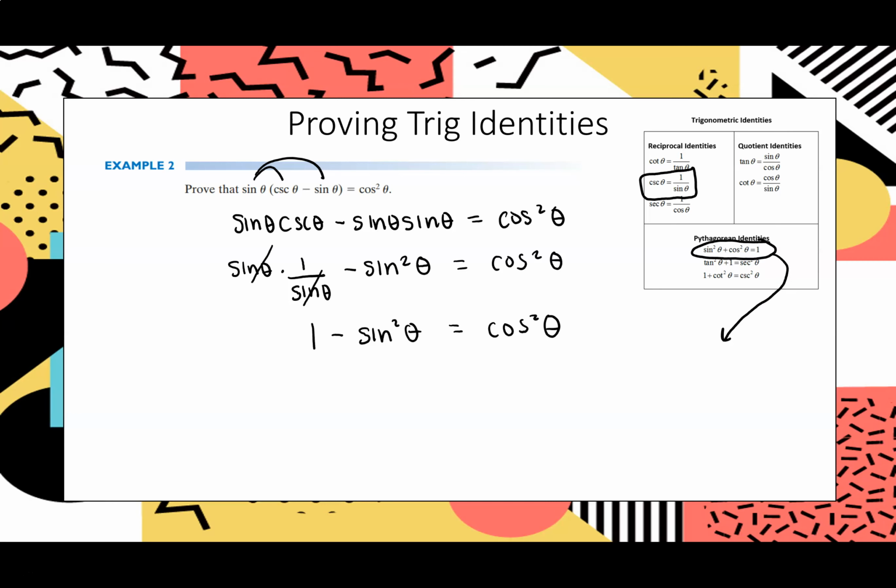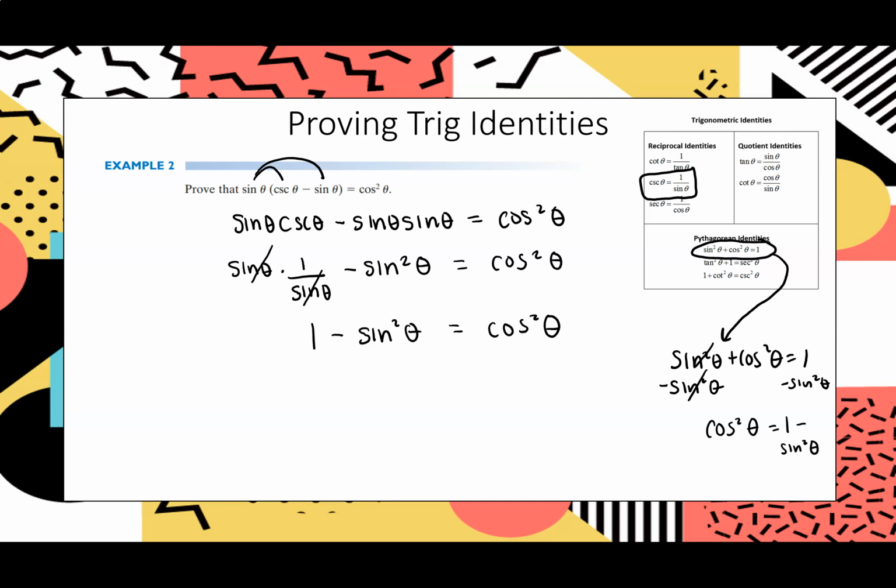So if I've got sine squared theta plus cosine squared theta equals 1, I can go ahead and subtract sine squared theta from both sides. And this disappears, and I'm left with cosine squared theta equals 1 minus sine squared theta.